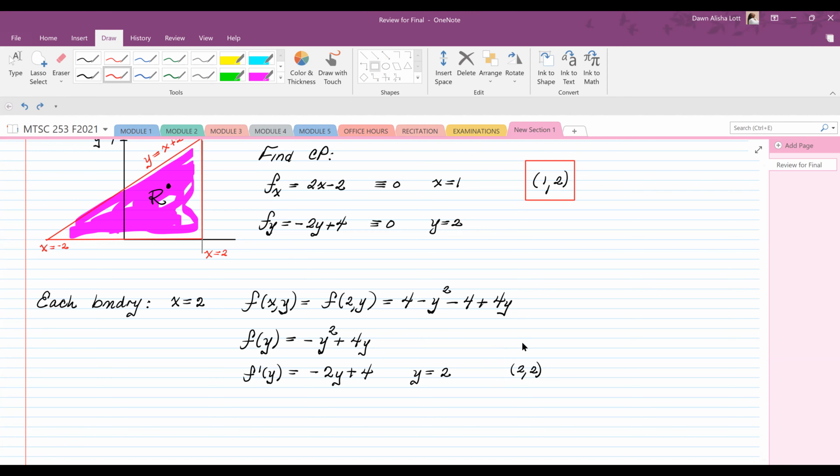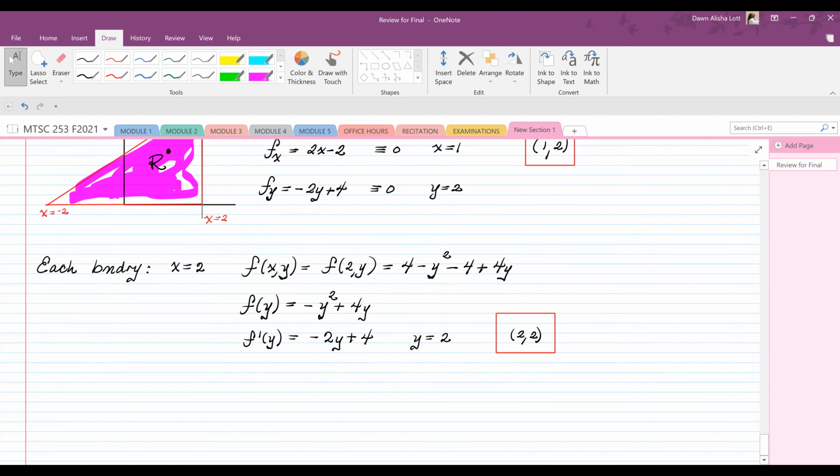And we still have to check the endpoints. So the endpoints are when x is 2 and y is 0. I'm about to say (0, 2), that's wrong. X is 2 and y is 0.